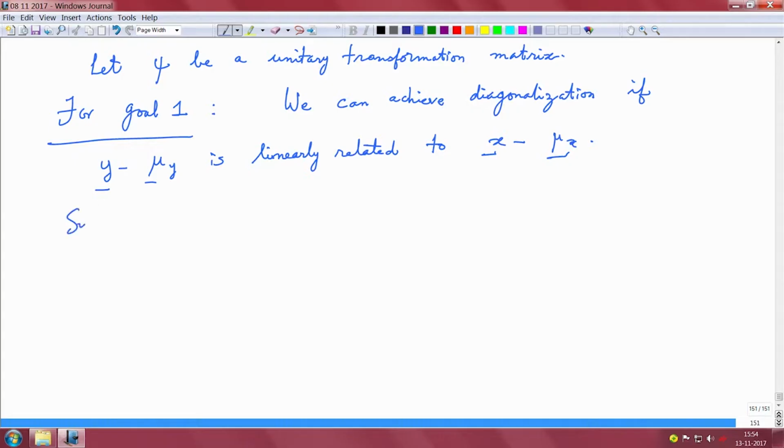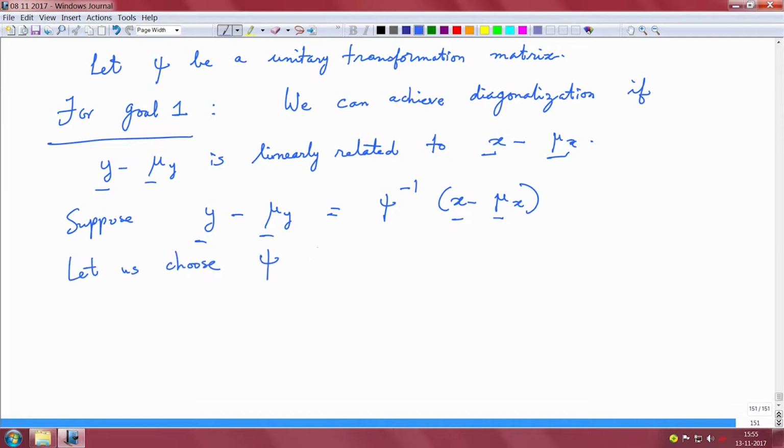So, suppose y minus mu y is some psi inverse times x minus mu x. Let us choose psi to comprise of eigenvectors of sigma x.